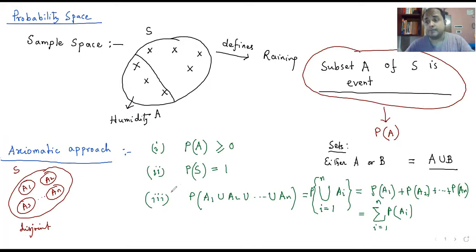But there are certain properties which can be proved with the help of the axioms. And whatever I'm going to do right now and in my subsequent classes, all I'm doing is keeping myself inside the probability space, by considering all these three axioms together.